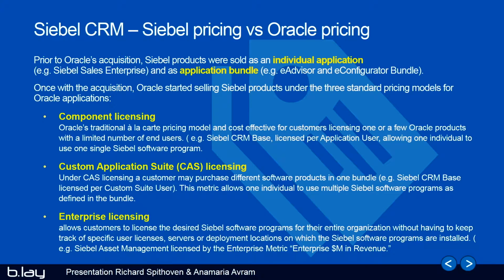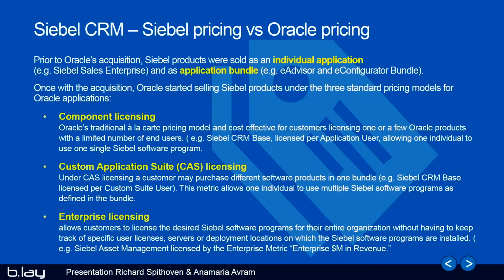And the enterprise pricing allows customers to license the desired Siebel software programs for their entire organization without having to keep track of specific licenses. As an example, we have Siebel Asset Management, licensed by Enterprise metric, Enterprise $1 million in revenue.